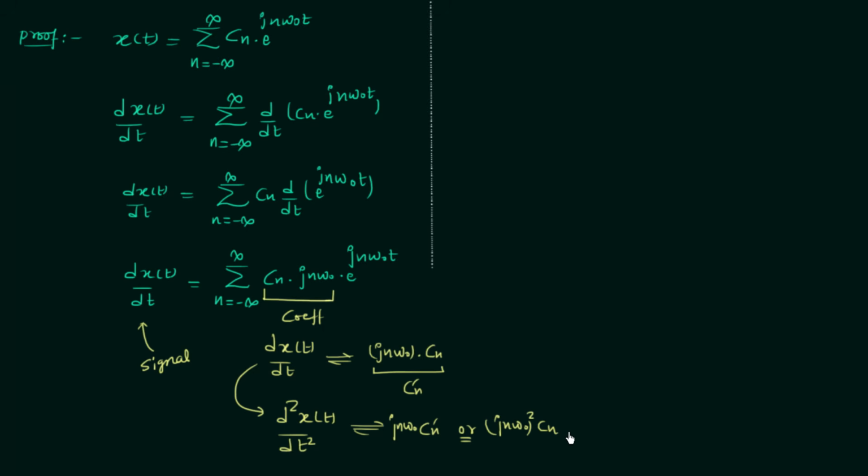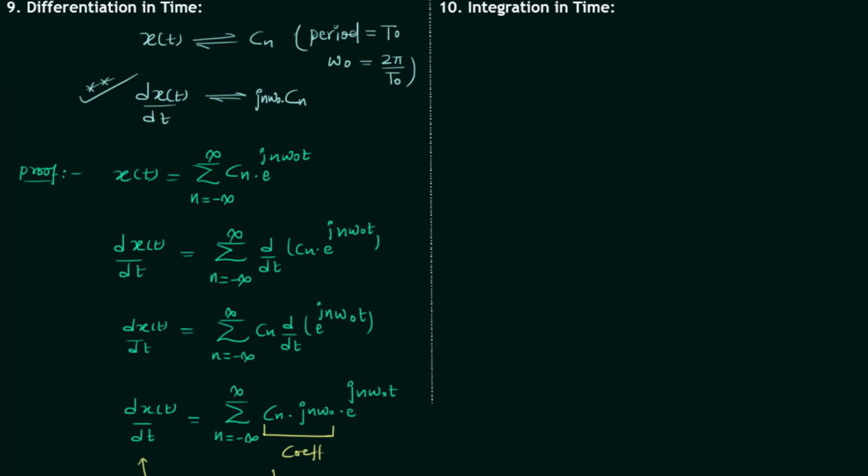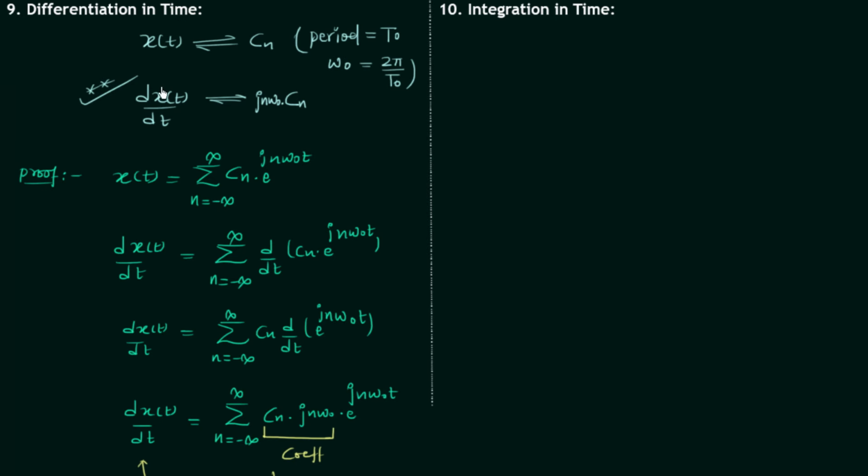So differentiating the given signal 2 times, we'll have (jn omega naught) square. In the same way, if we differentiate k times, then jn omega naught will have the power equal to k. This is the complete property which is known as the differentiation in time property of Fourier series. The property is very simple. You can easily remember it because you know how to perform the differentiation.